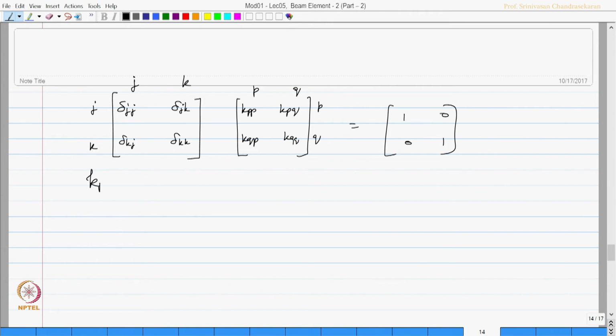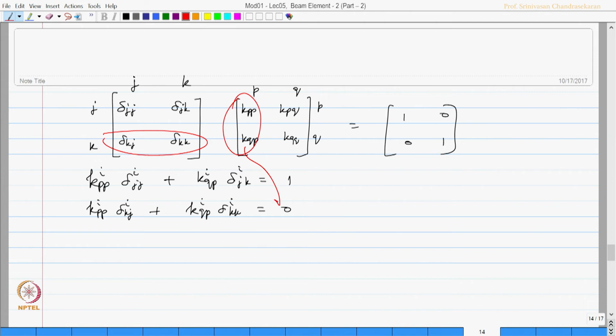So, Kpp into delta jj plus Kqp into delta jk is 1, and Kpp delta kj plus Kqp delta kk is 0, that is this row multiplied by this column is 0. This is one set of equations we have.